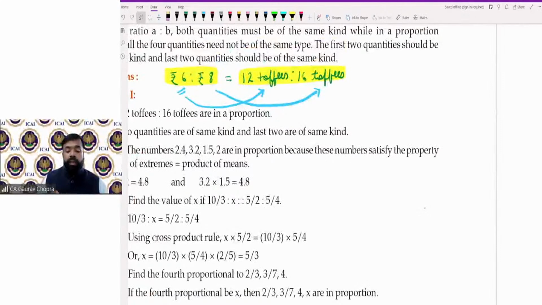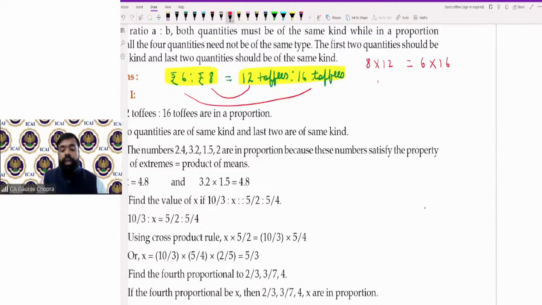Then we have to apply the formula. Which formula we have to apply? We have to apply product of means and product of extreme. So 8 multiplied by 12 should be equal to 6 multiplied by 16. So 8 into 12 is 96 and 6 into 16 is also 96. So since both are equal, they are said to be in proportion. So these two are in proportion.